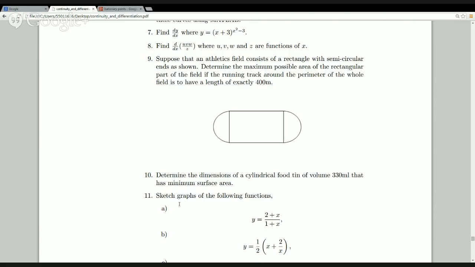So we have found a local minimum of the surface area. If you make your cylindrical food tin have this radius, then you'll be using the least possible amount of material to make it, supposedly.